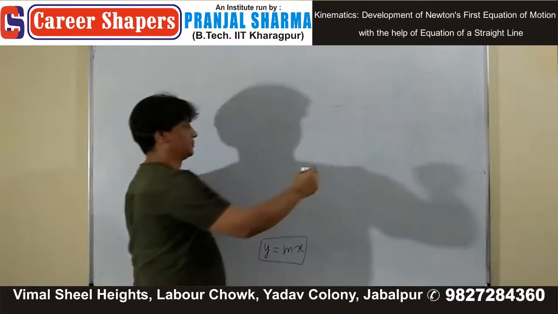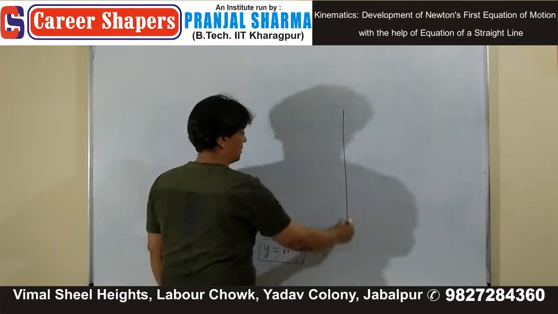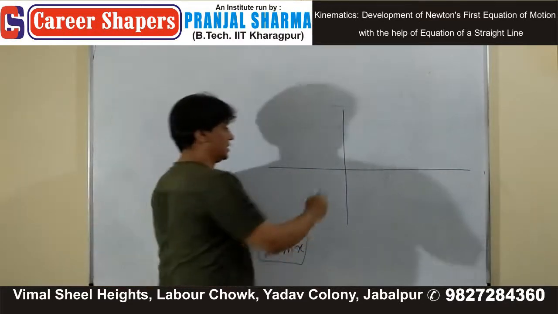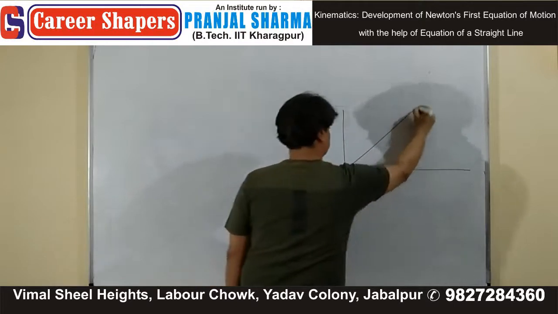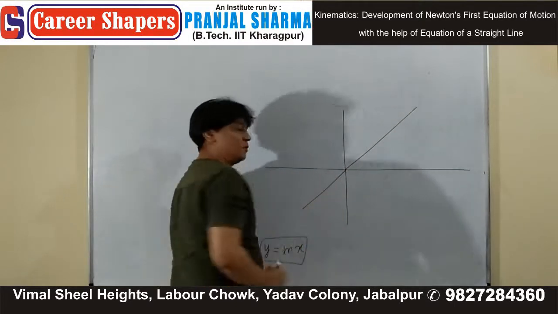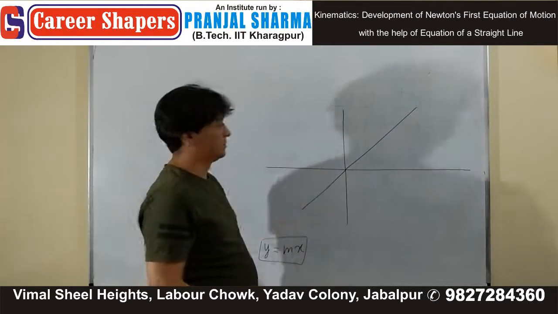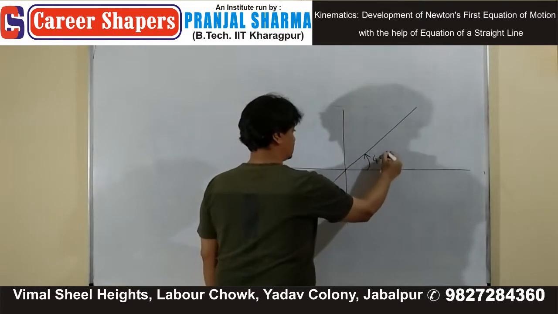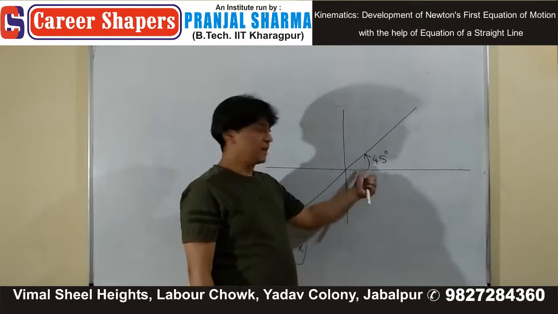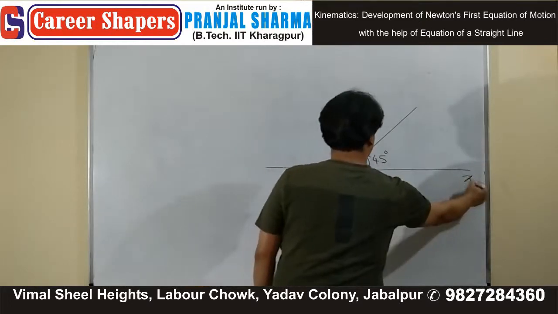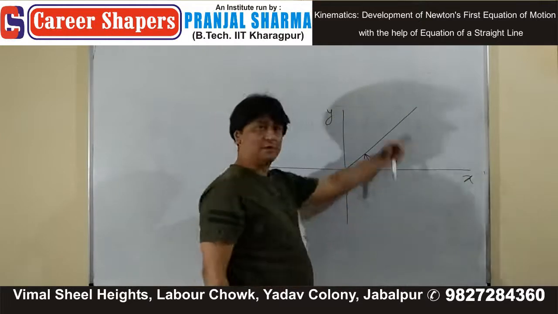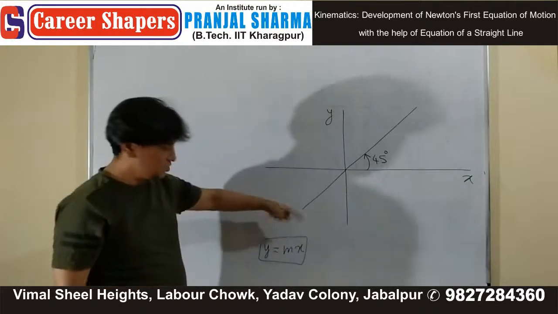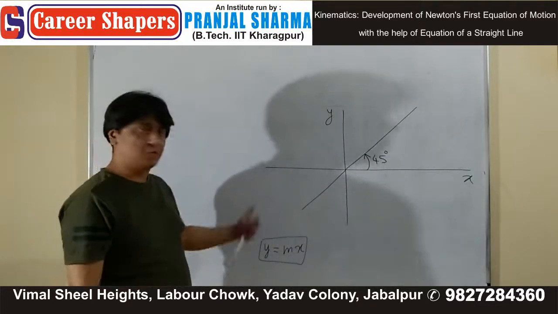Look here. We were told that there is a line which passes from origin and it makes an angle of 45 degrees. This angle is 45. This is your x-axis, this is your y-axis, this is the line. Now, forget about this equation. You have no idea what this equation is.